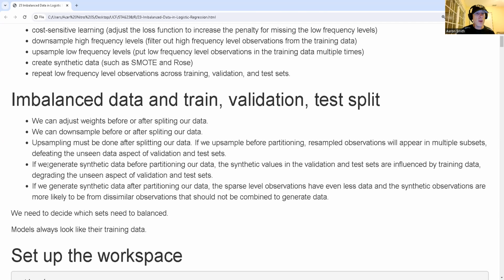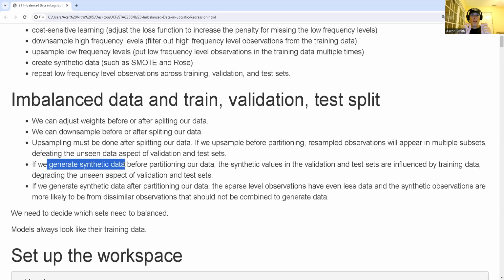Now, the next one, generating synthetic data, we have problems either way we go. If I generate synthetic data before partitioning, then somewhere in this process I've taken a data point that's ultimately in training, a data point that's ultimately in validation, and then I created a synthetic data point.